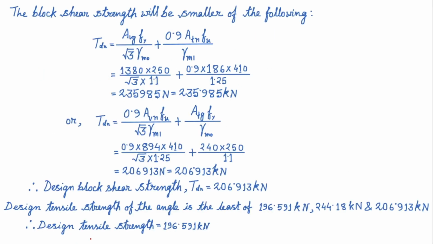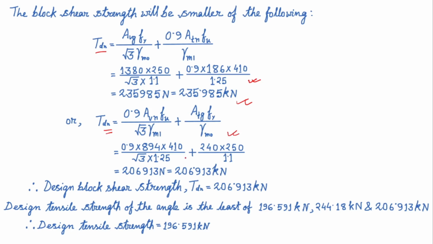The first equation I have taken is Avg Fy by root 3 gamma m0 plus 0.9 Atn Fu by gamma m1. If I put the corresponding values, we shall get Tdb as 235.985 kilonewton. Then I have taken the second formula for Tdb, which is 0.9 Avn Fu by root 3 gamma m1 plus Atg Fy by gamma m0.